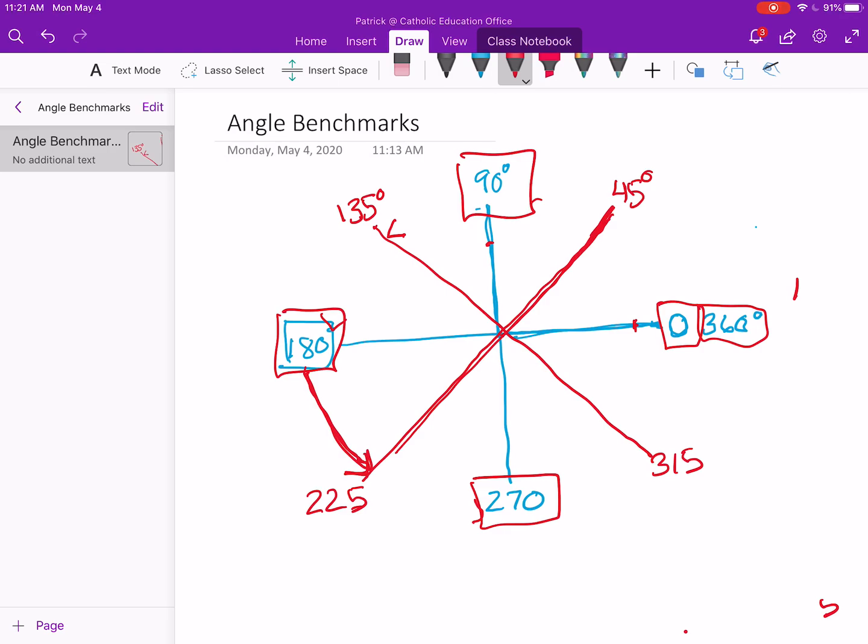So you should practice knowing these off the top of your head so you don't have to add them like I did. But knowing you can add them is just a way that if you forget any of them, you know what to do. You just add 90 every time if you're trying to figure out these blue angles, or you add 45 if you're trying to figure out the red angles.